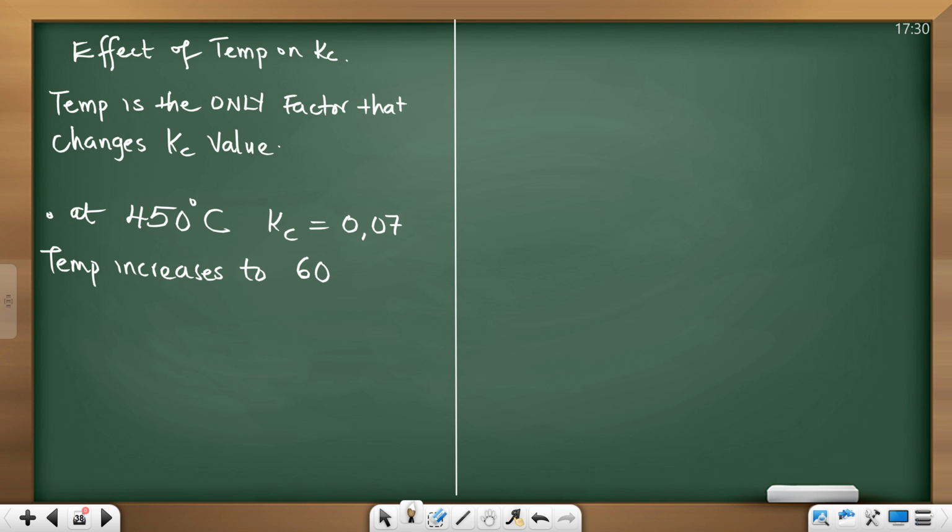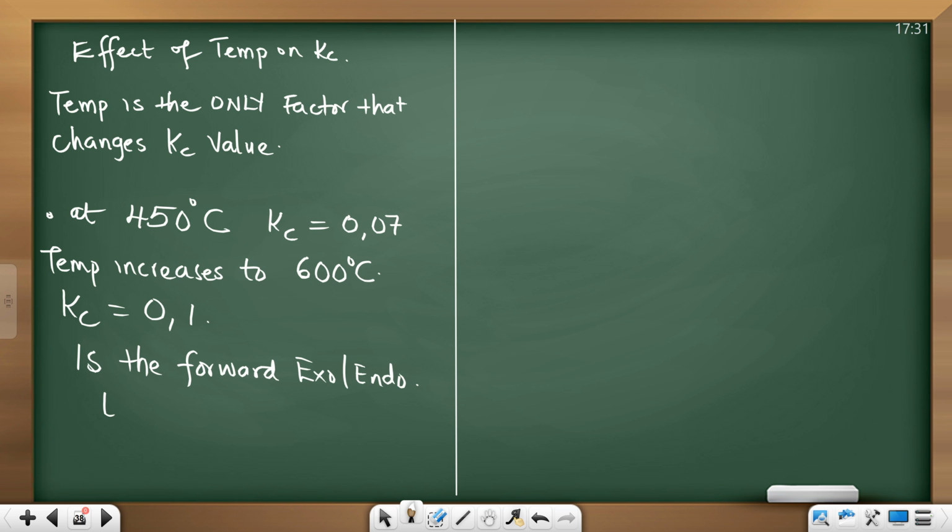To 600 degrees Celsius, KC is now 0.1. Is the forward reaction exothermic or endothermic? Explain. 4 marks.